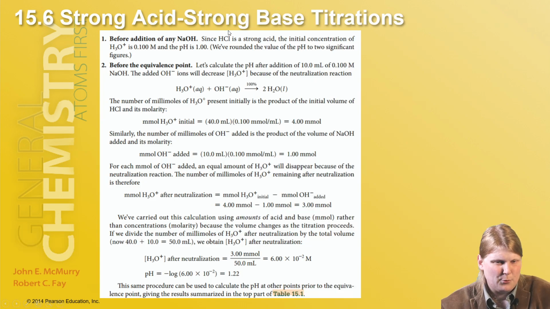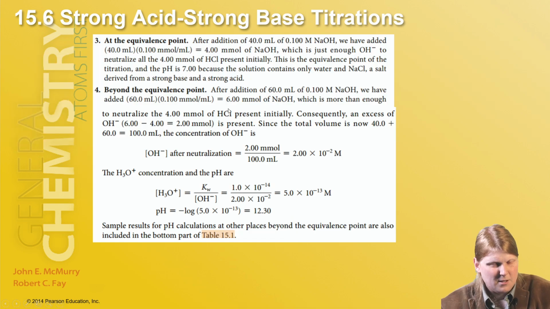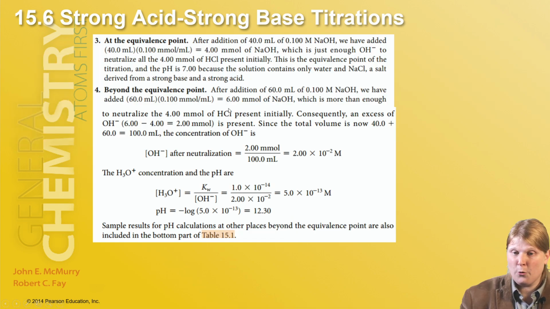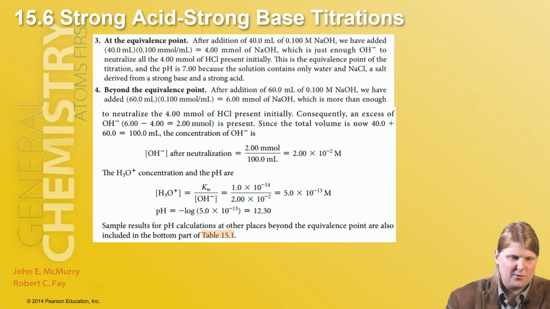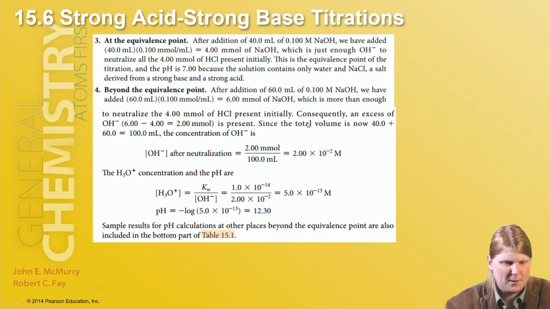We're not really going to use the base quantity; we're just going to be decreasing the acid quantity. But this basic thought process is also going to be important when we look at the weak acid, weak base situation. So at the equivalence point, like I said, we'll have 7, and then past that point, it'll become basic.